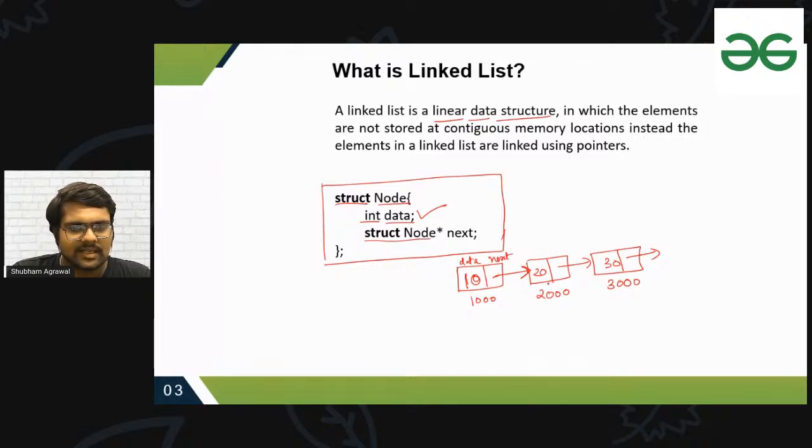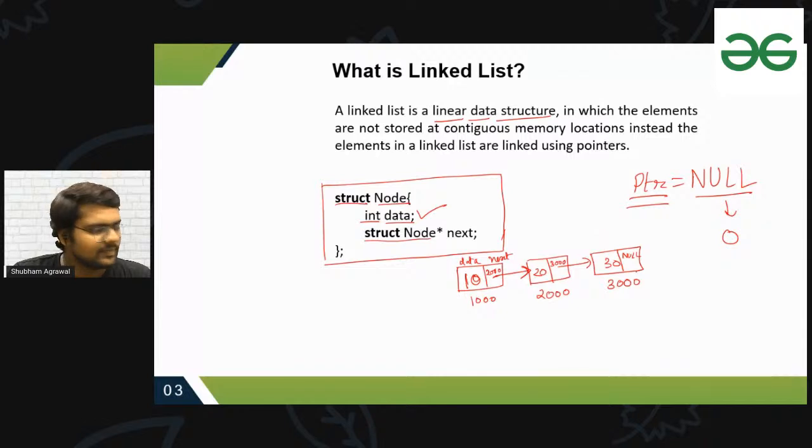Here, if nothing is there, then it will be null. Null is basically zero, its default value is zero. If it is null, then it is the end of the list. So this list contains only three elements: 10, 20, 30.